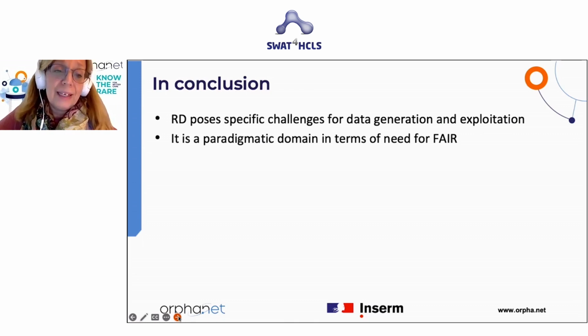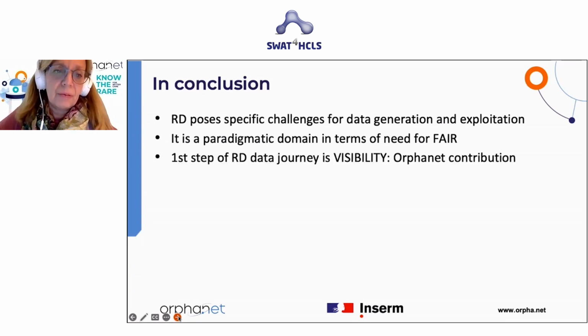Without FAIR, we will spend our time cleaning data and trying to understand if the data is meaningful and usable, instead of just using data. And that is the big difference that we expect for the future. The very first step of the rare disease data journey is visibility, and that is the main Orphanet contribution with the Orpha codes.